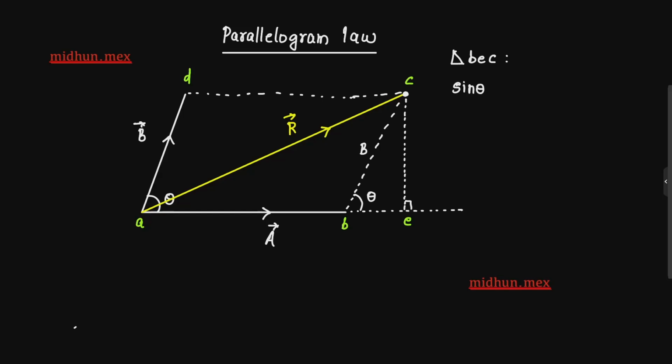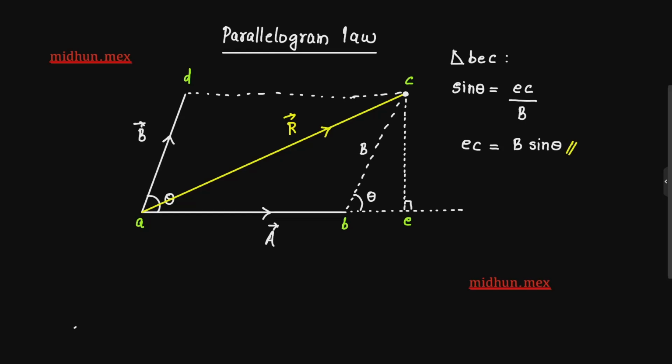The opposite side is EC divided by the hypotenuse, which is B. Therefore, EC is equal to B sine theta. Okay, so I got one result here.